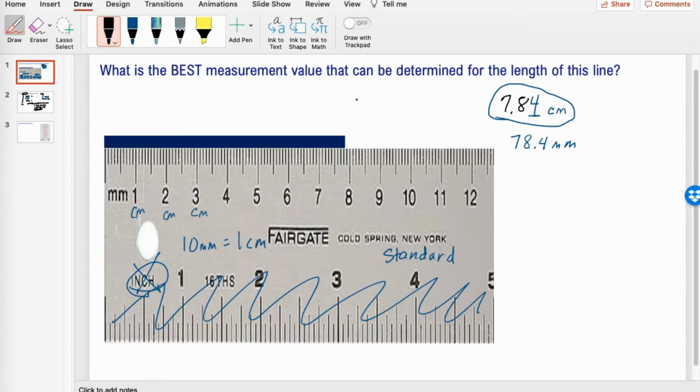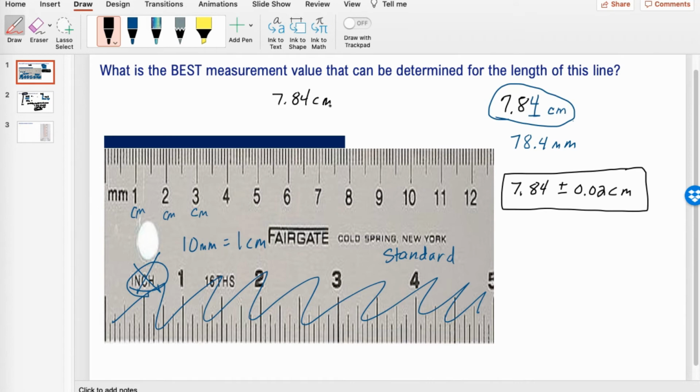Let's think about this for a second. We said 7.84, but I said we could have said 7.83. So the best final answer now is 7.84 plus or minus 0.02 centimeters. This is actually the best answer. What that means is, if we take 7.84 centimeters and add 0.02 centimeters, we get 7.86.